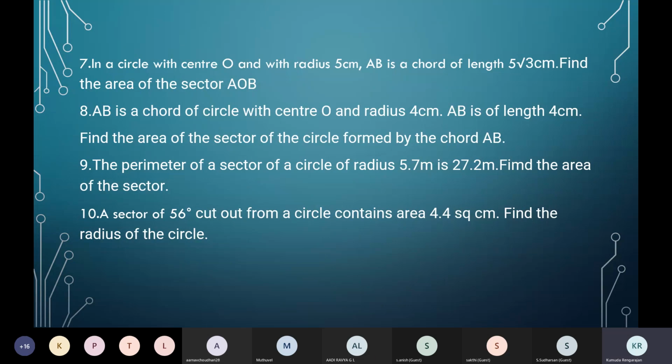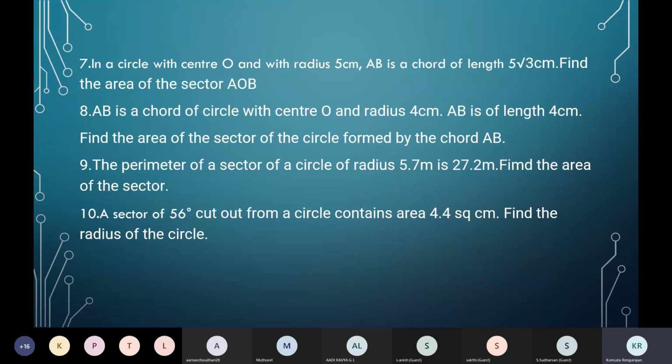I hope you started working. So the seventh one, the question cannot be this simple, right? Find the area of the sector AOB. To find the area of the sector, you need the sector angle and the radius.